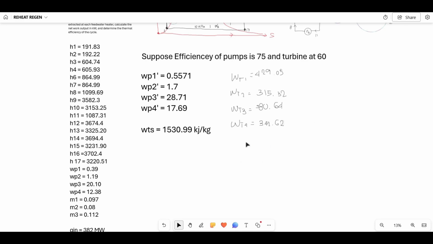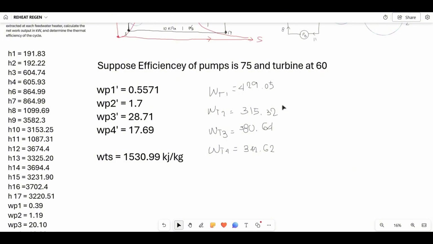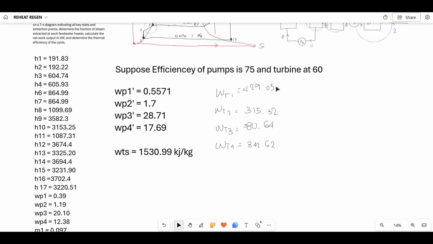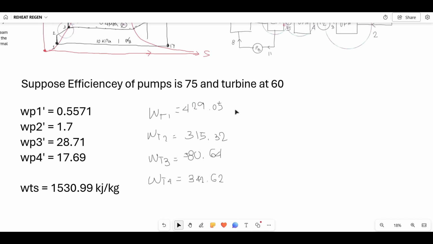Now we need to convert this into actual work. To convert it using our formula earlier, we just multiply by our efficiency of 60%. So 429.05 times 0.6. Because it's really inefficient, 257.4.